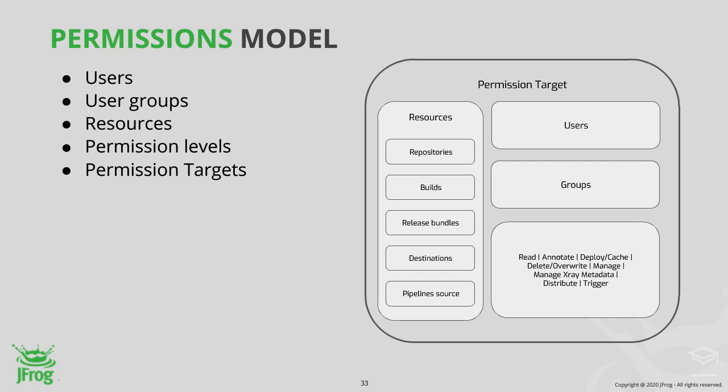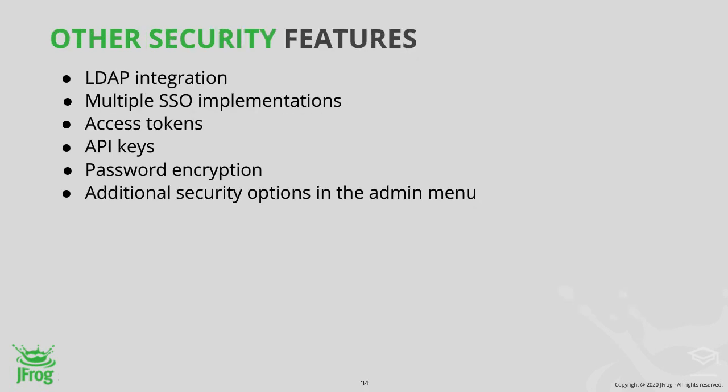On top of the permission model, there are a bunch of other security features which time is too short to cover. I've already mentioned the LDAP integration and the SSO implementation, but we also have support for access tokens, which is the recommended way for authentication from within your automation scripts or automation integrations. There are also API keys and encryption and password encryption as well.